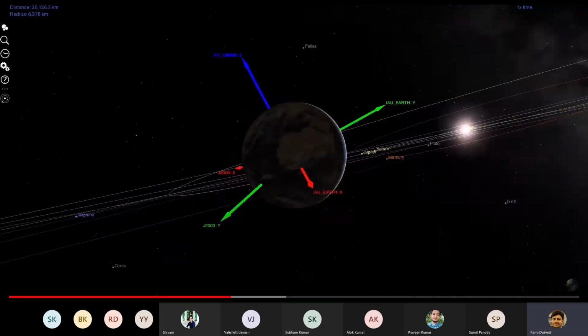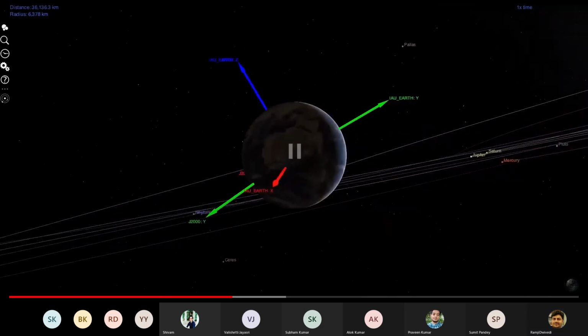And this X, which is hidden behind the Earth, is the Earth-centered, Earth-fixed X, which is the intersection of the zero longitude line with the equator. Obviously, Z is the same for both, as it contains the Earth's rotation axis, but there is a slight difference. It will come when we run the animation. It will be a little different.